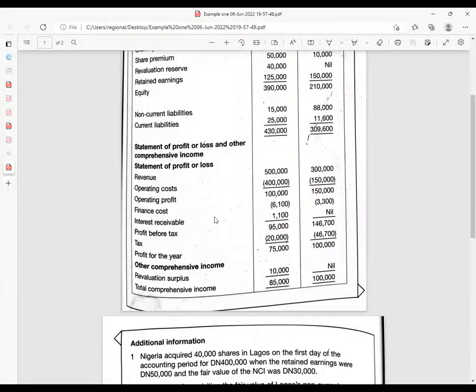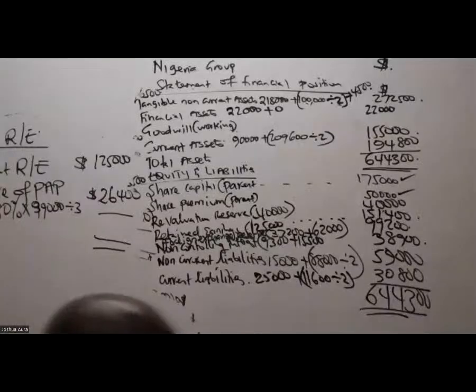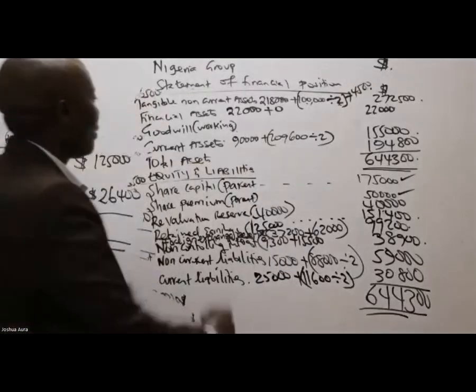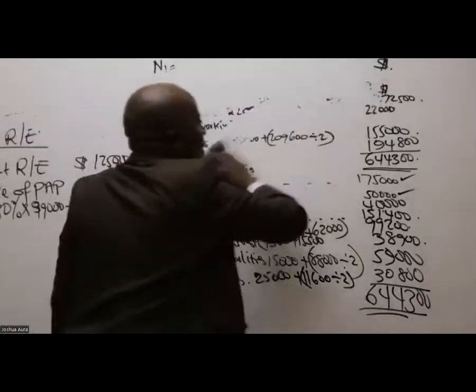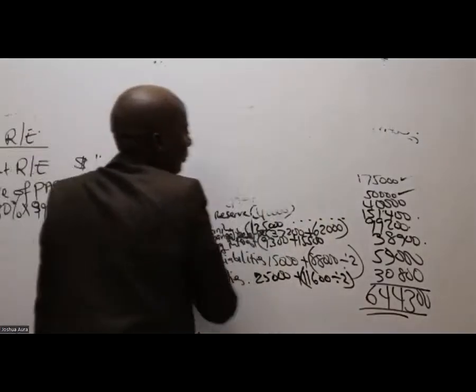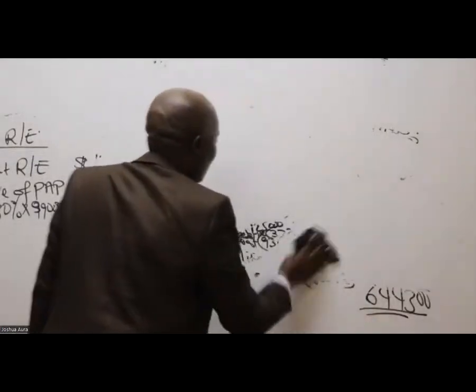So what I'll do is to write the name first. We write the name of the group. The group is called Nigeria. So it's Nigeria Group.